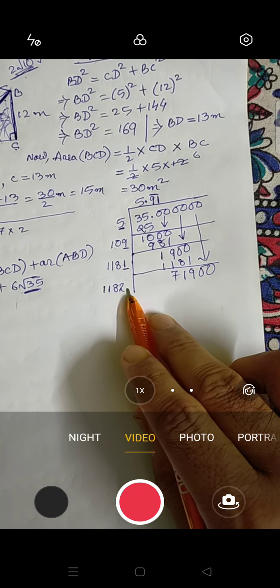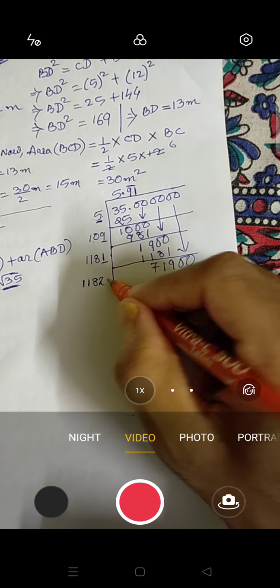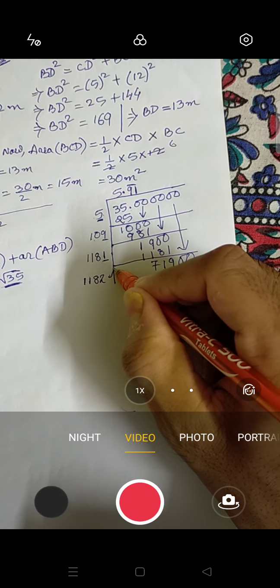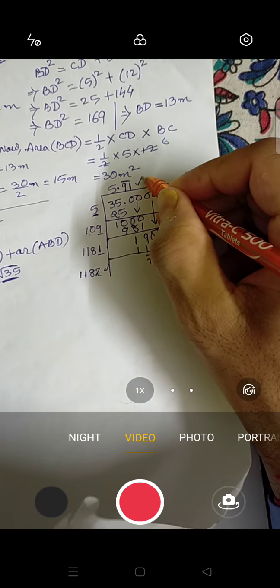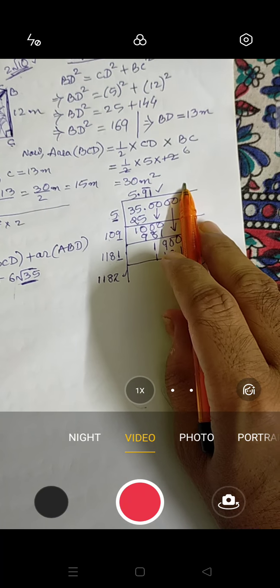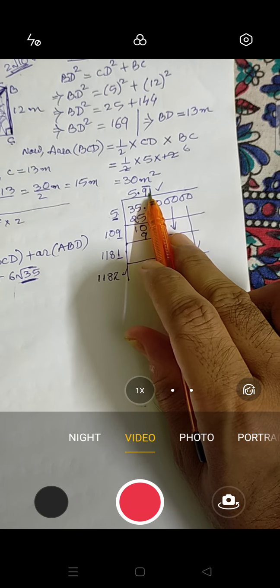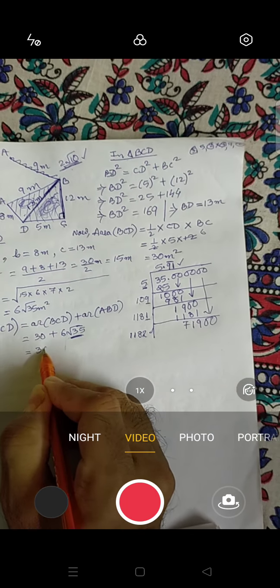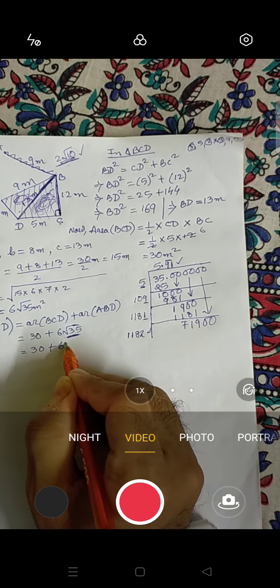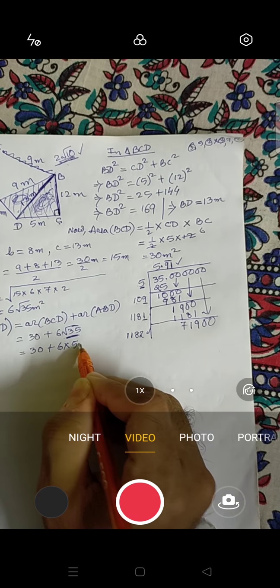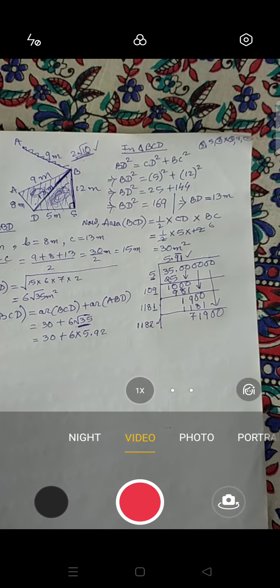So if I take it here as 5, then definitely here it will be 5. And I told you before also that if the third digit is 5 or greater than 5, then one is added to the previous number. That means I will be writing this one as 6 into 5.92.